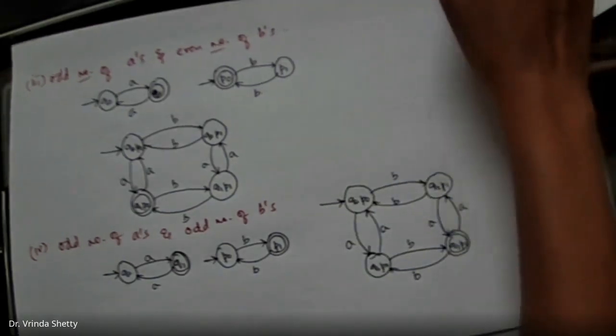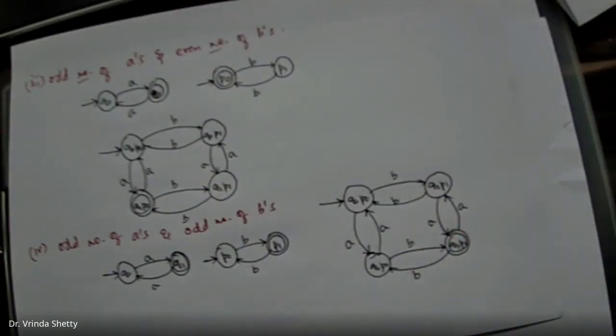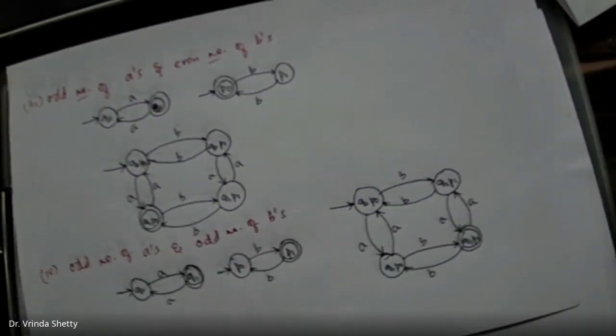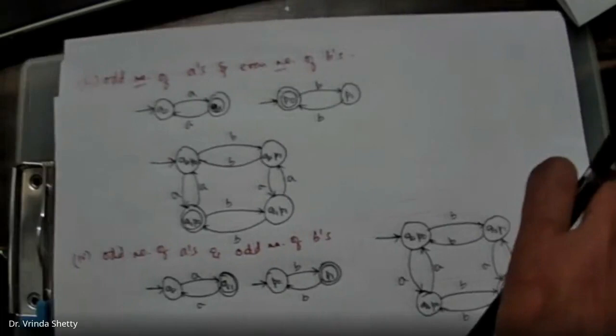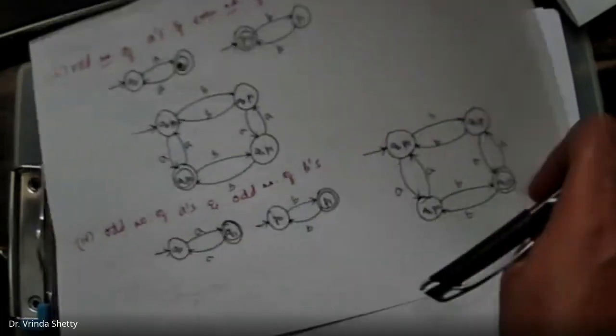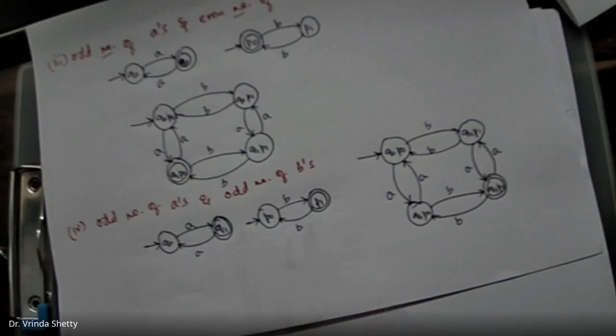Fine, students. Is it clear? What all we have done in this example, we have constructed four problems. The steps involved in all four problems are similar. Construct one machine, then construct another machine. Once you construct both machines, we'll get a set of states.